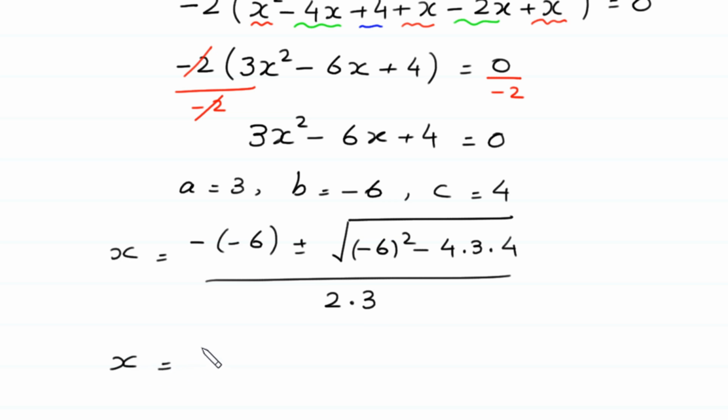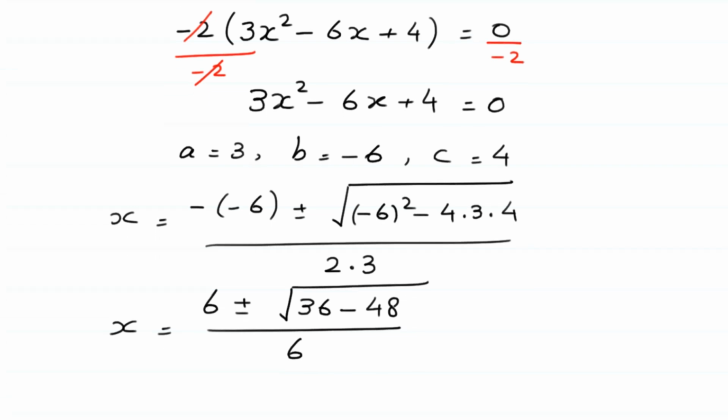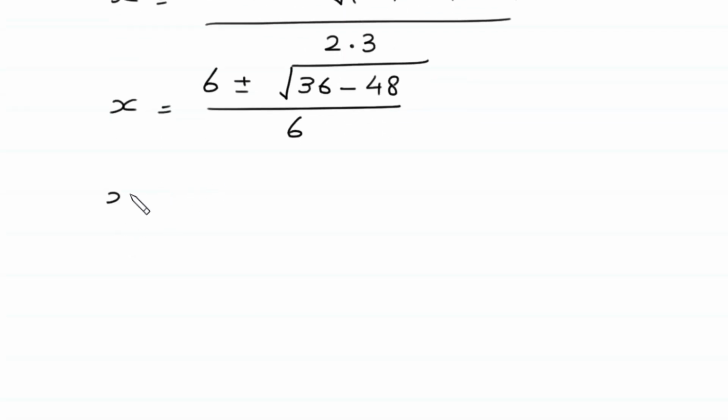And x is equal to, this minus and this minus becomes positive, 6 plus or minus square root of -6 squared is positive 36 minus 4 times 3 is 12, and 12 times 4 is 48, divided by 2 times 3 is 6. X is equal to 6 plus or minus square root of 36 minus 48, negative 12, divided by 6.